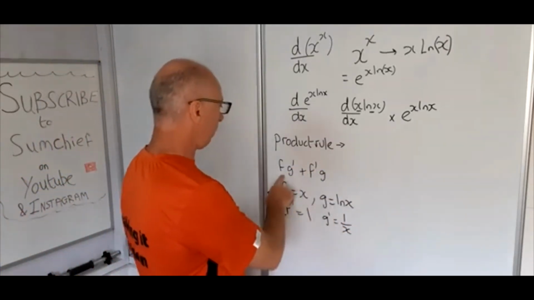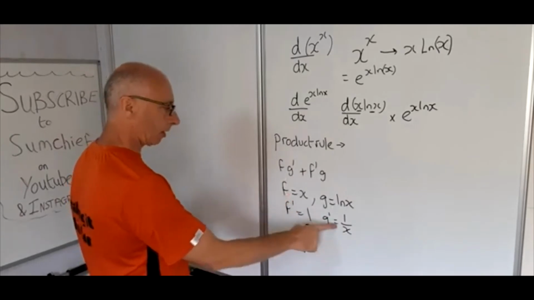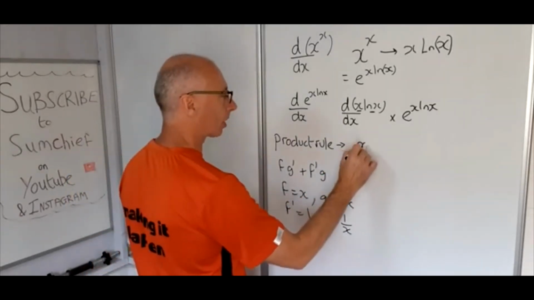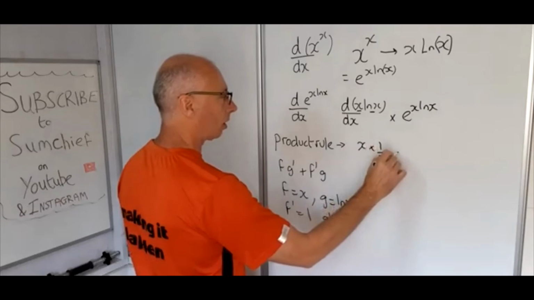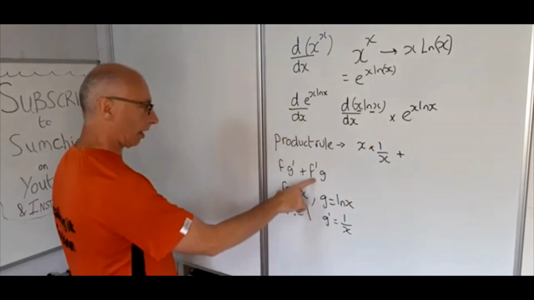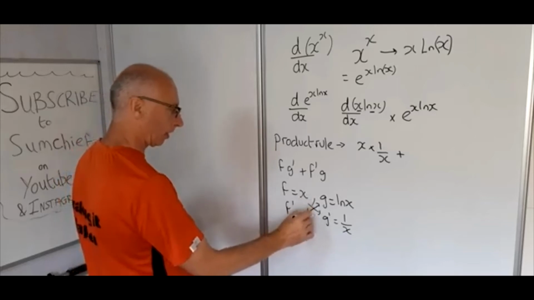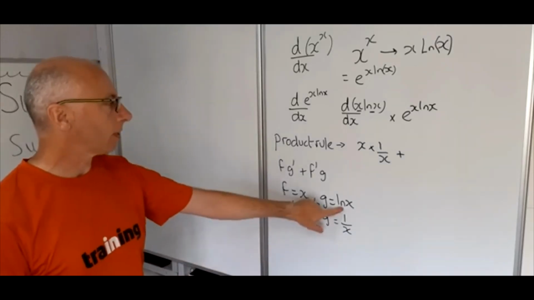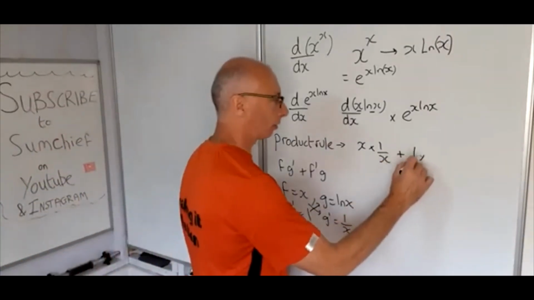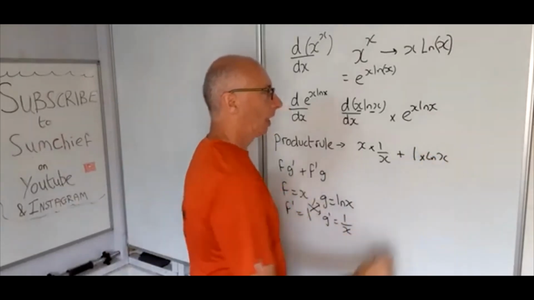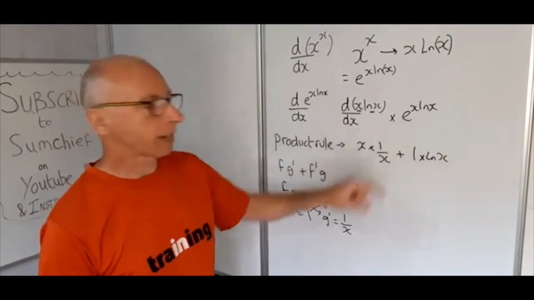Okay, so let's just write that up here now. So f times g prime, that's x times 1 over x, plus f prime times g, so 1 times log of x. And then we're still multiplying by e to the x ln x.